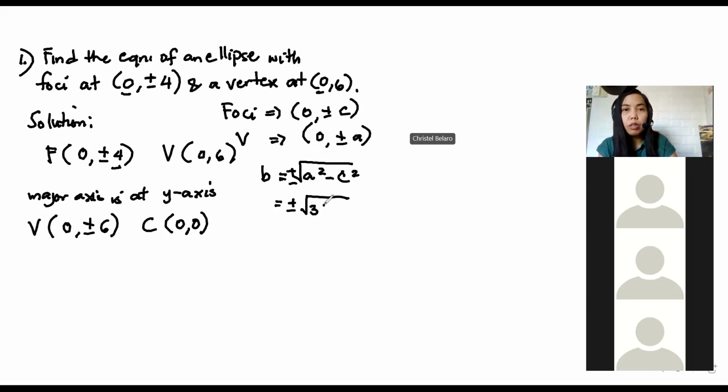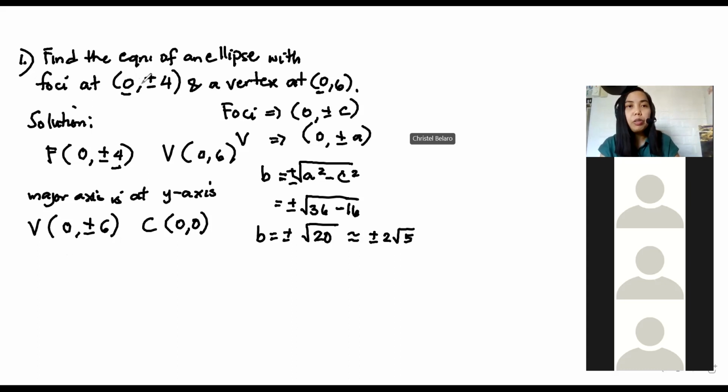The value of a is 6, so a squared is 36. Minus the value of c is 4, squared is 16. So b is plus or minus the square root of 36 minus 16, that is 20, or plus or minus 2 square root of 5.